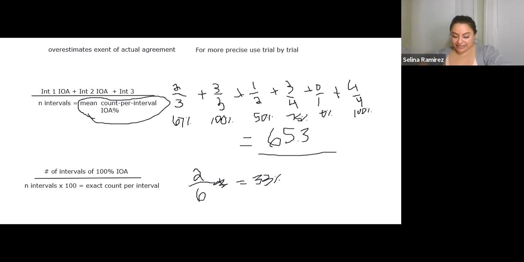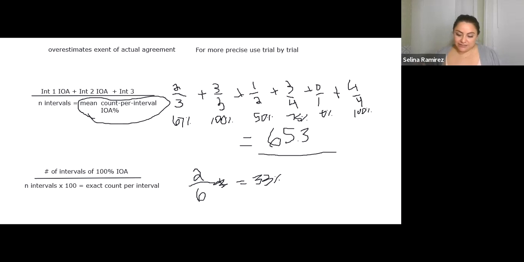because if we just added all of those numbers, if you look at the totals, observer 1 observed the behavior 15 times and observer 2 observed the behavior 15 times. So if we use total count IOA for that situation, it would give us 100% agreement, right?